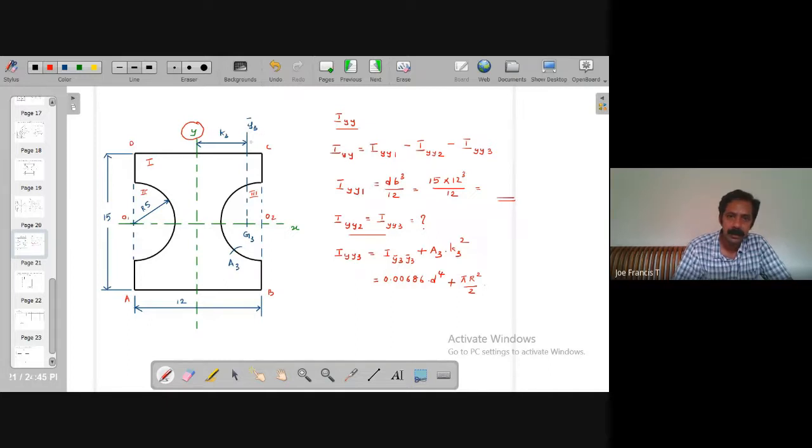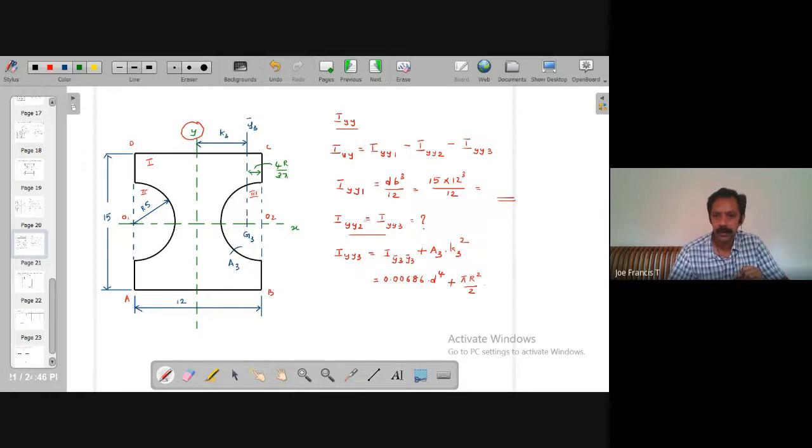That means this distance. This distance is actually 4r by 3 pi. You might remember this. We mentioned this formula in centroid. So this distance is 4r by 3 pi.